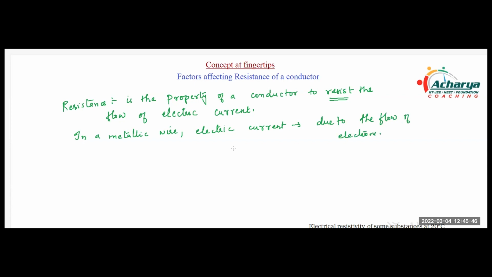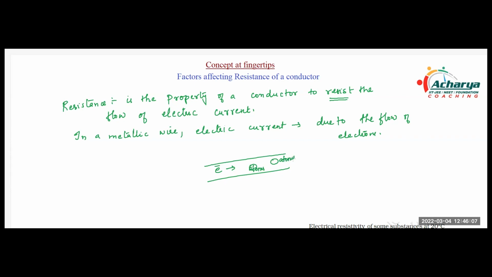So the path of the electrons in a conductor is not a very smooth journey. Let's imagine this is a conductor. When an electron tries to move through the conductor, there will be so many atoms on the path.